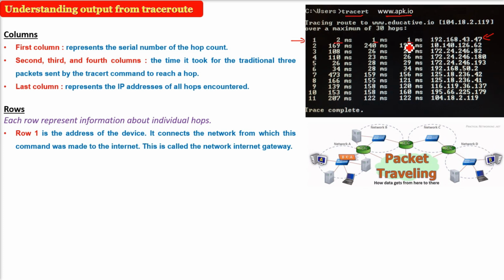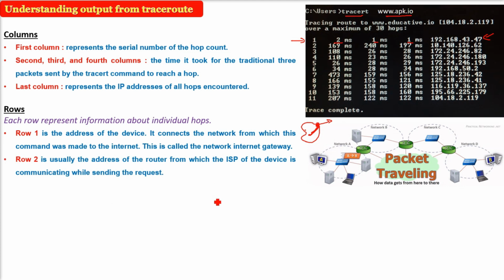So 2111, this is a very small time because you are actually pinging your gateway only, your network gateway only. Okay, in which network you belong. Row 1, so this is the round trip time of your network only, from where you have actually started this tracert command. Now coming to row 2.